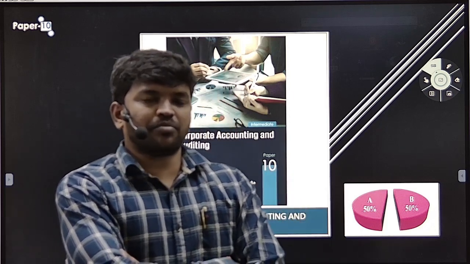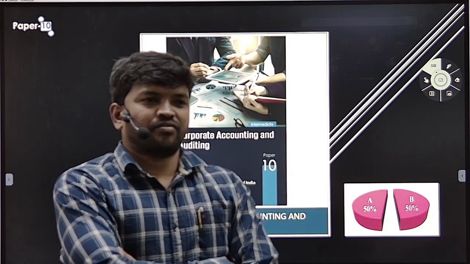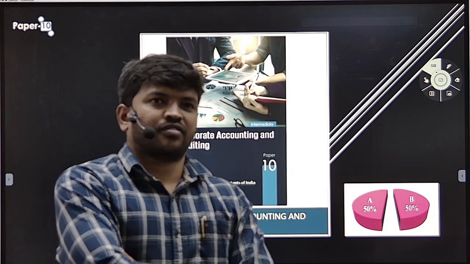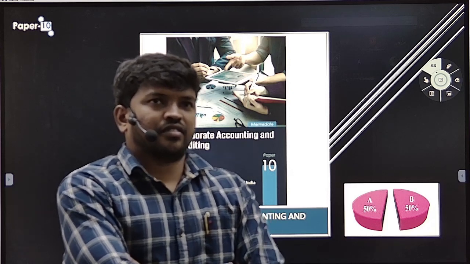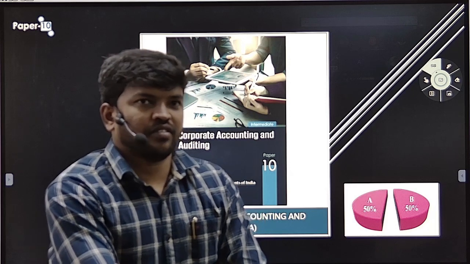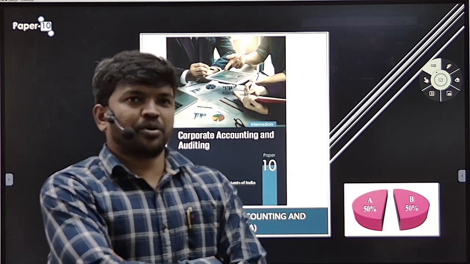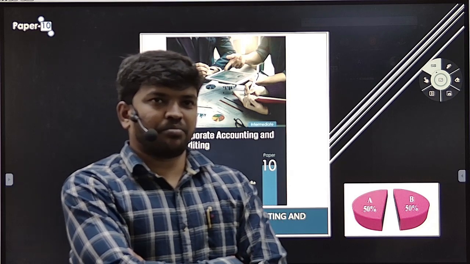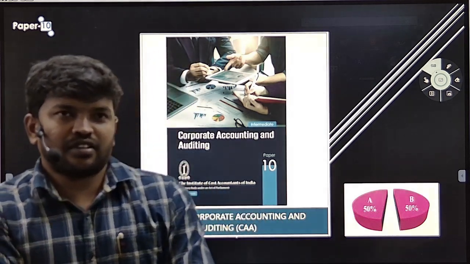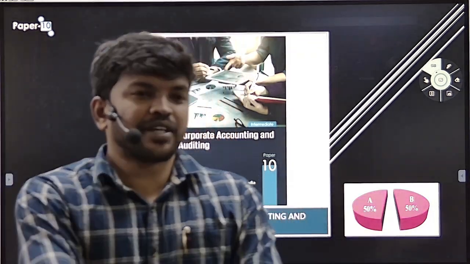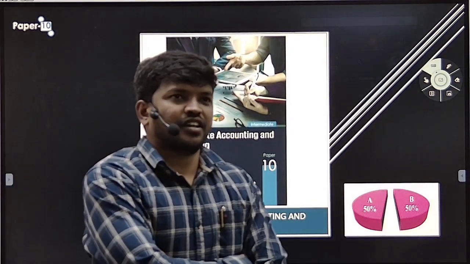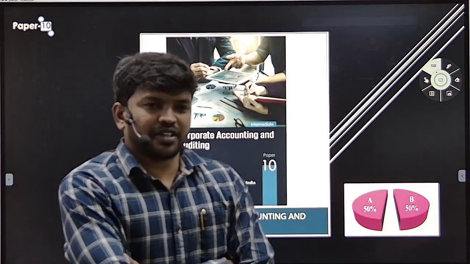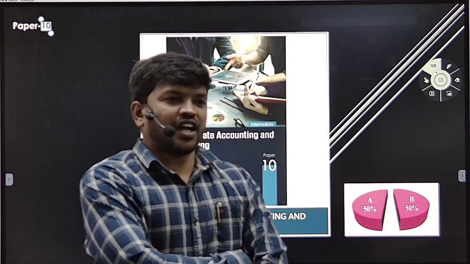Firm, you mean partnership firm? Group of people, limited liability. Okay, group of people, not group of people, limited liability, yes, this is correct. It will be having limited liability, artificial person.